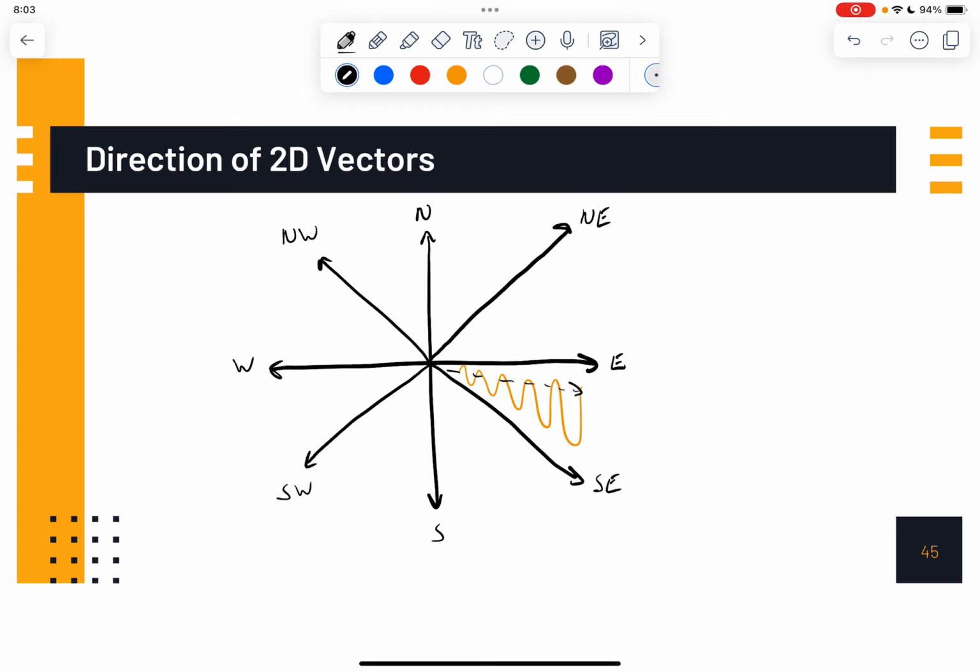So we would call anything in here east of southeast. Again, we've gone more east than we have gone south. If we're in this other section of that quadrant, we've traveled more to the south than we have gone east. So we would call this south of southeast.